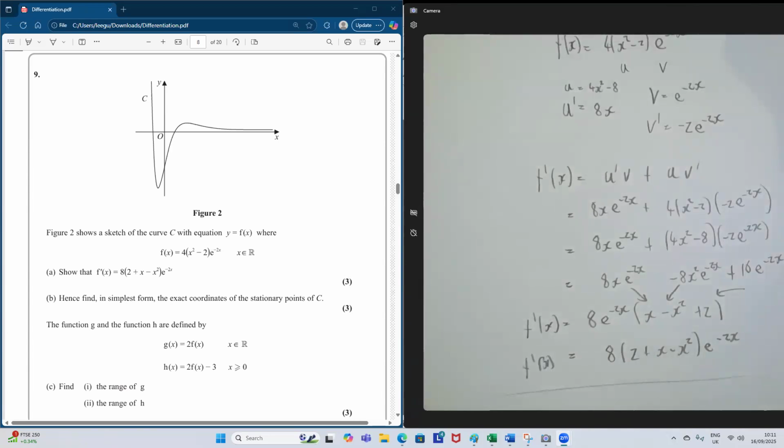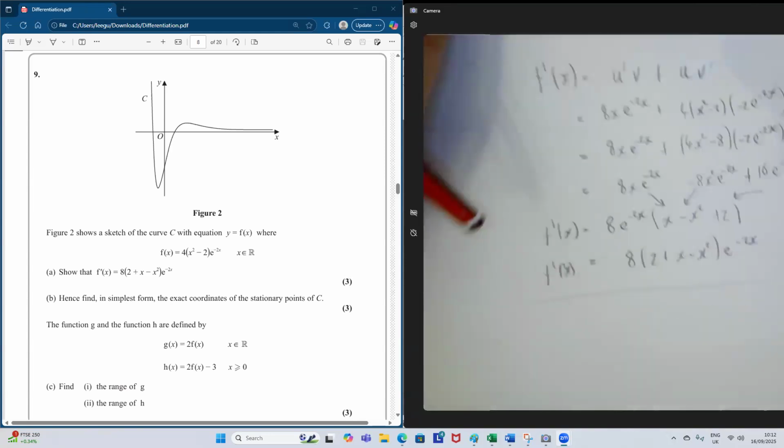Part B, hence, find in its simplest form the exact coordinates of the stationary points, okay? So we now need to differentiate. Oh, actually, no, we need to solve this because this is the equation of the gradient. So we need to set this equal to 0 and solve it in order to find out what the coordinates of the stationary points are.